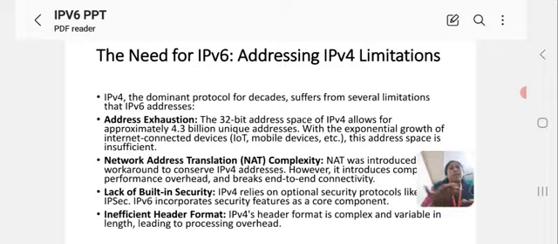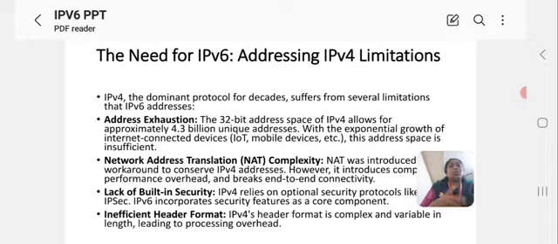IP version 4 has only a 32-bit address space, which allows for approximately 4.3 billion unique addresses. With the exponential growth of internet-connected devices, IoT, mobile devices, etc., this address space is insufficient. So we are moving to IP version 6.